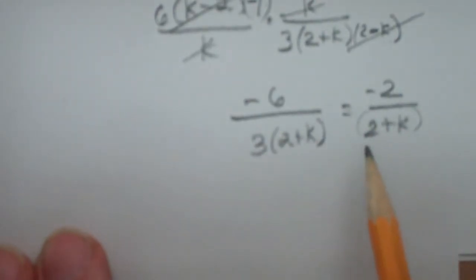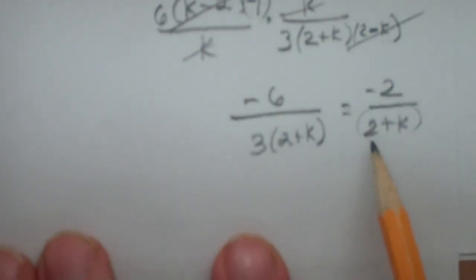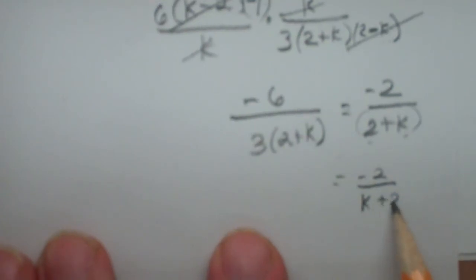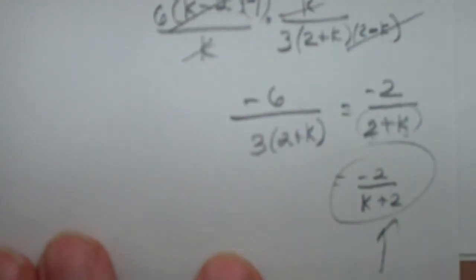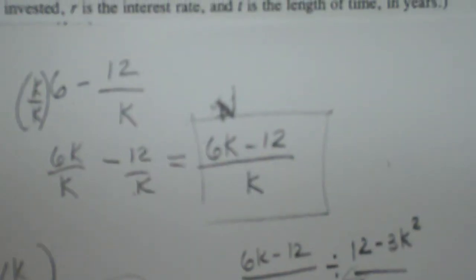There's nothing wrong with leaving it in parentheses, or nothing wrong with leaving it as a 2 plus k. I'll just mention that most of the time when you have 2 plus k, usually that would be written as negative 2 over k plus 2, because addition is commutative. That means that the order doesn't matter. This is the way it would usually be written in a book. So there is our best answer for number 21.